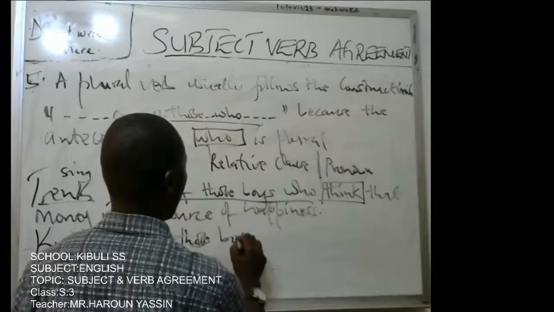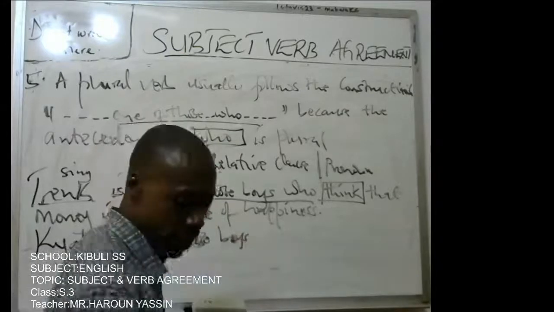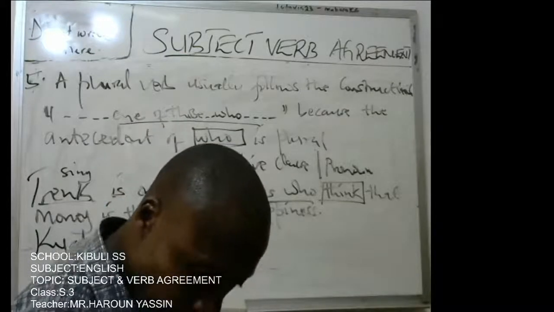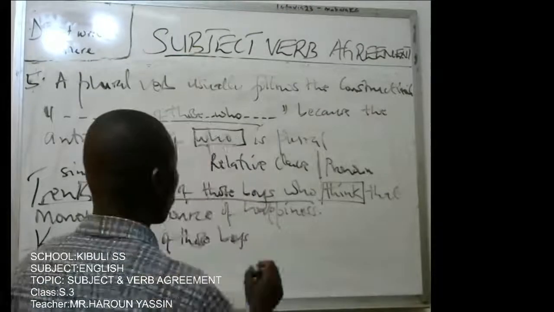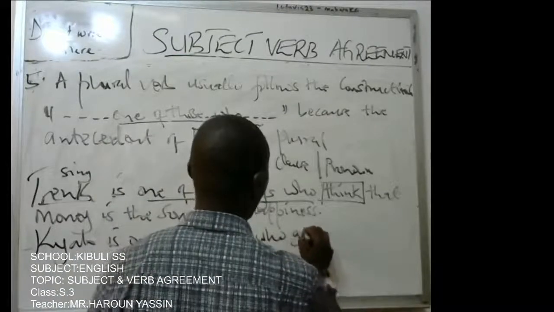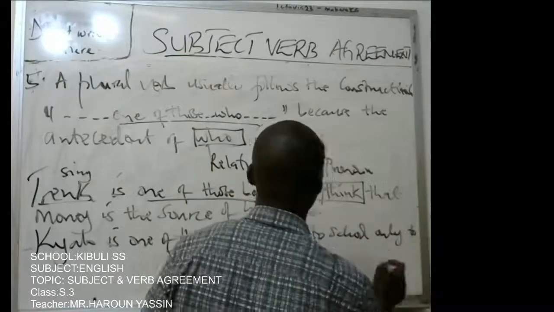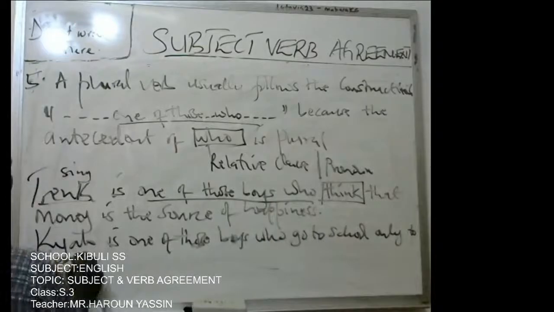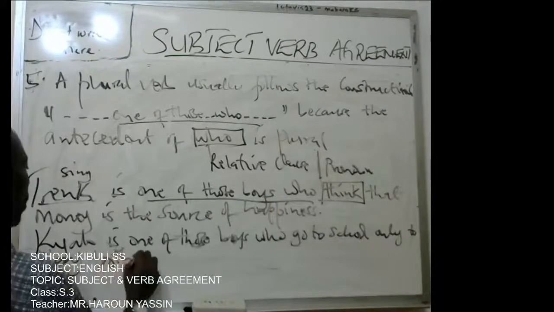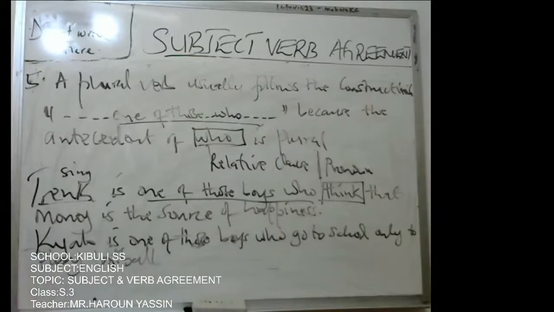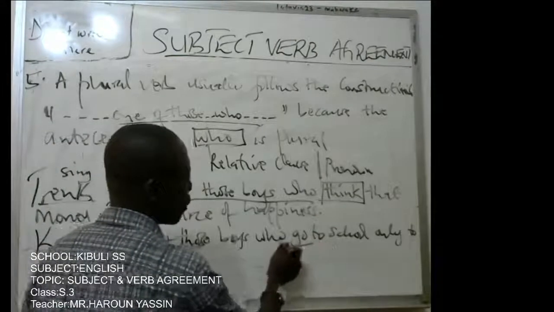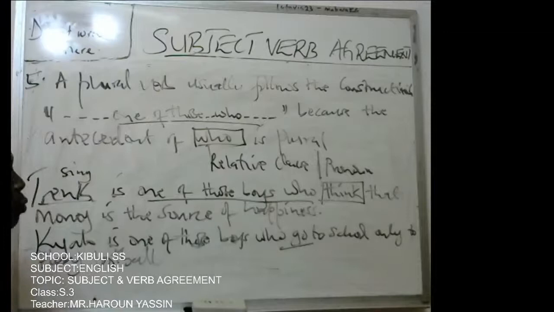Kyalo is one of those boys who go to school only to play football. So what is the verb that we have in this sentence? The verb we have is "go," and it is in plural because it has not changed tense or form.